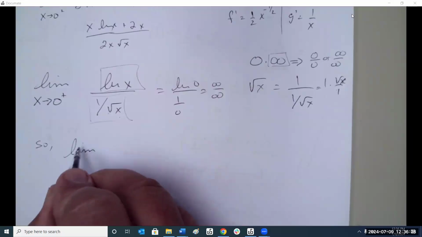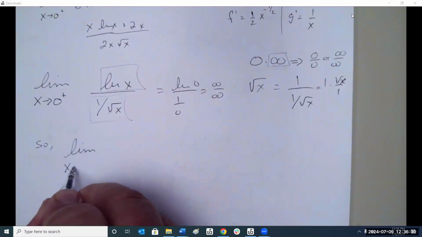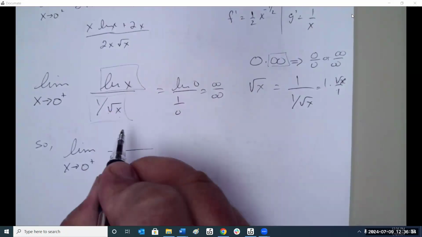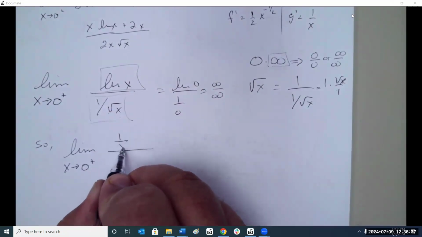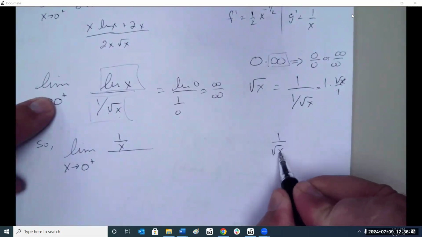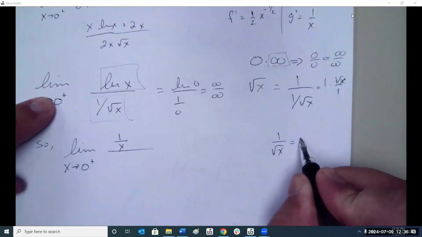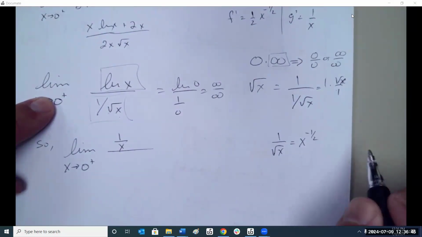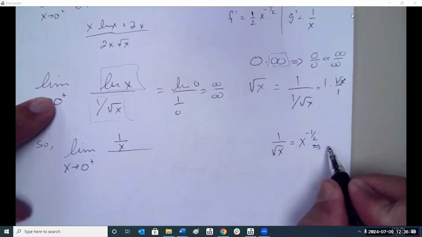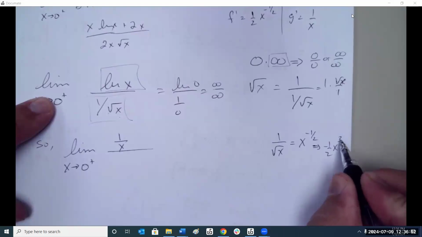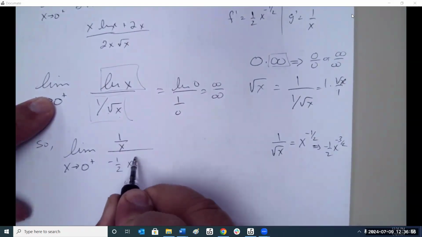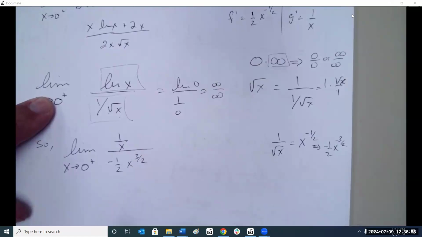So the limit as x approaches 0 from the right: the derivative of the top is 1 over x. And 1 over square root of x can be written as x to the power negative 1/2, whose derivative is negative 1/2 x to the power negative 3/2, which is on the bottom.